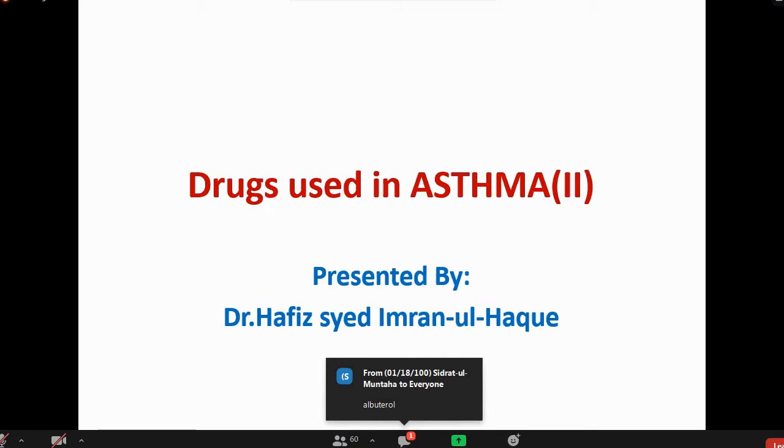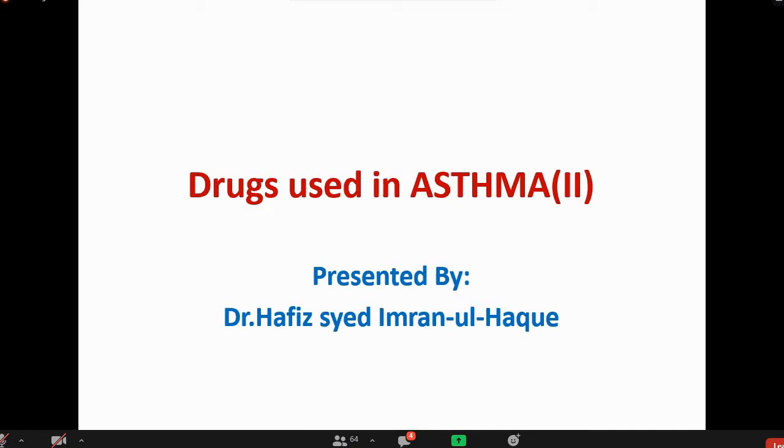But okay, you are right, albuterol, but short acting beta agonist. And if you further explain it, that is the short acting beta 2 agonist. This would be the complete answer, right? Short acting beta 2 agonist, that is beta 2 adrenergic agonist, right?